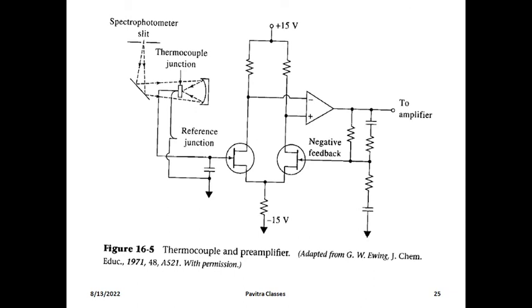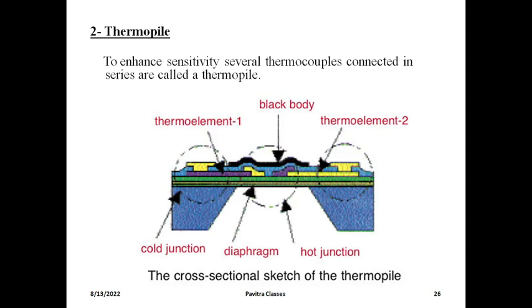You can see the thermocouple junction and the reference junction, the spectrometer slit, and the radiation slit for the sample cell. The junctions take the reading, the reference junction takes its reading, and the signal goes to the amplifier, which gives negative feedback and produces the result.